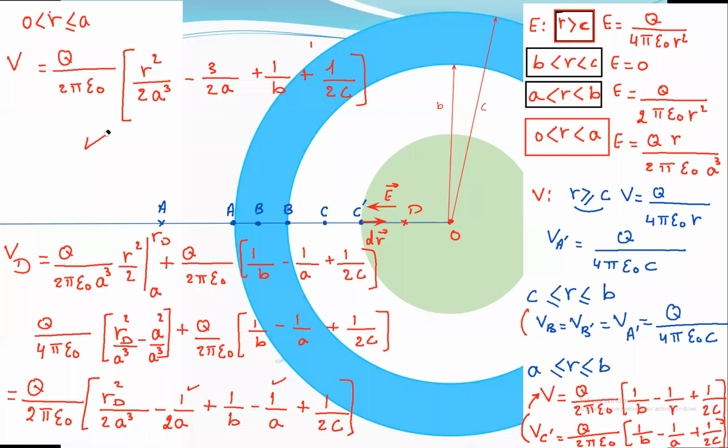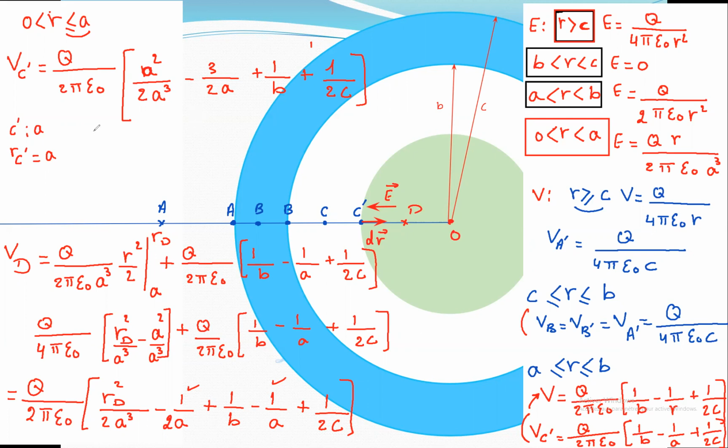Look, at A we have C prime, and C prime is located at a distance A, so r C prime equals A. If we put V of C prime, we substitute A in the place of r. We can see if we get the same result.